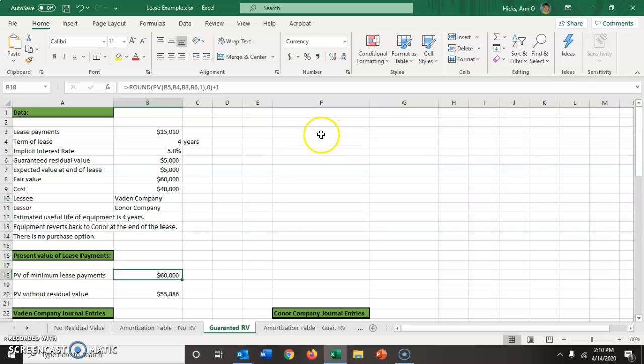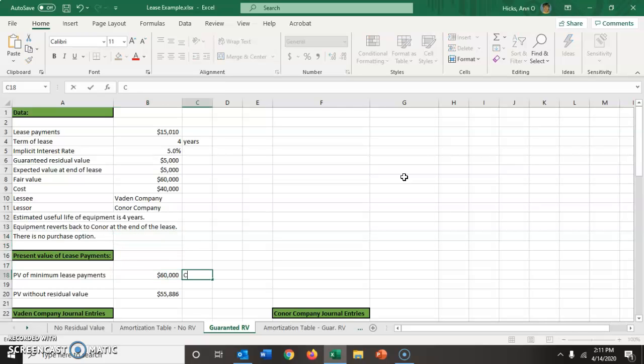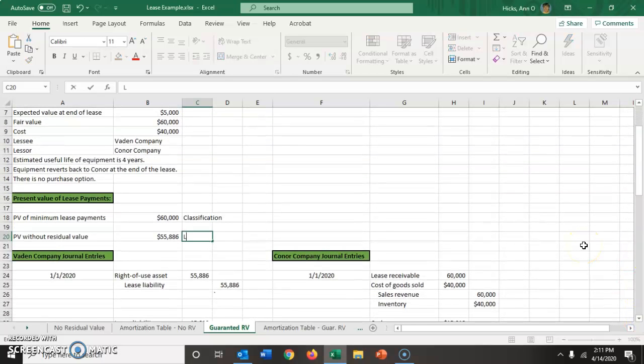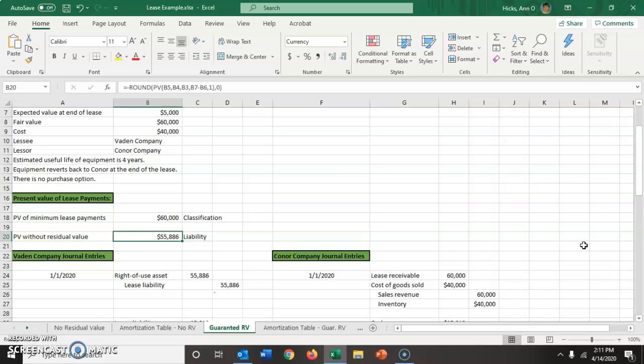So we still meet the test requirements because present value of minimum lease payments is equal to or in excess of 90% of the fair value. So that is the calculation for purposes of classification. However, when we calculate the present value for purposes of recording the liability, we're going to exclude the residual value.